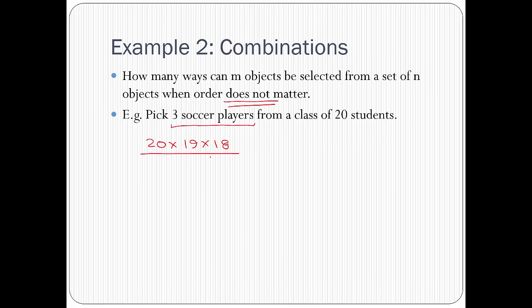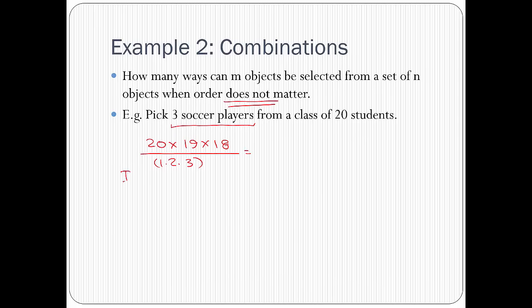Because there are 3 players, they can be arranged in 6 different ways. So 1 into 2 into 3, that gives you 3 factorial as the answer in the denominator. So the denominator represents the 6 different ways in which the 3 players can be arranged.